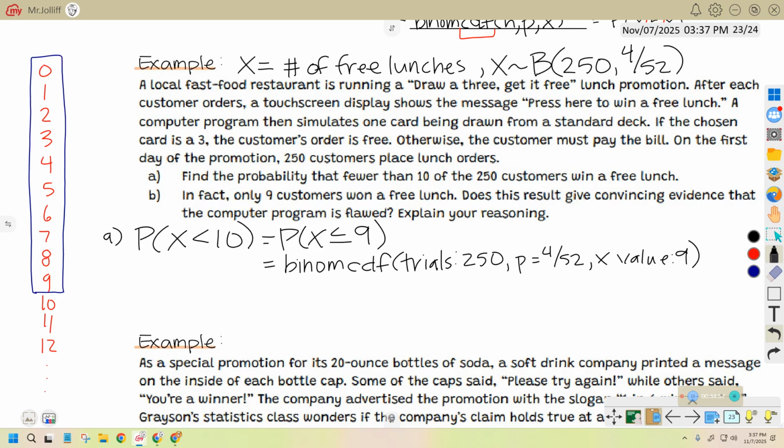The less than or equal to is the CDF, and then trials, probability, upper bound for my probability. And the question is, what does the calculator spit out?